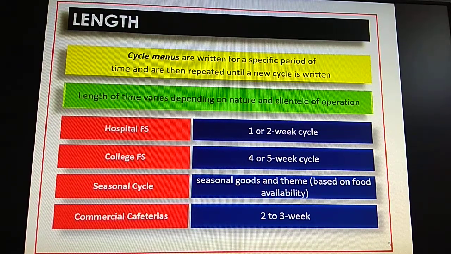And then the seasonal cycle, seasonal goods and themes based on food availability. Nowadays seasonal goods are not very relevant anymore, because many seasonal goods are available throughout the year in many places.